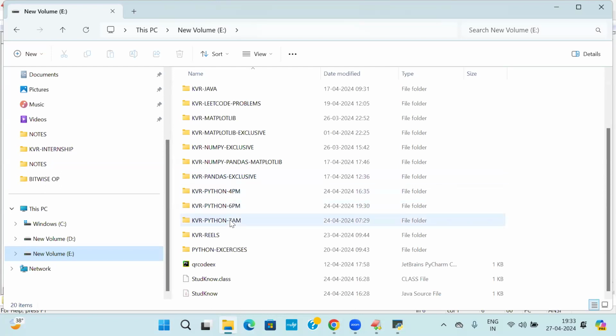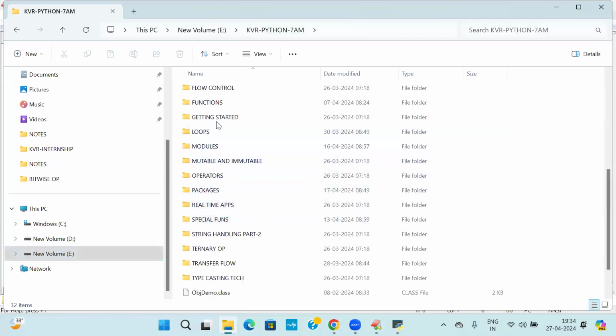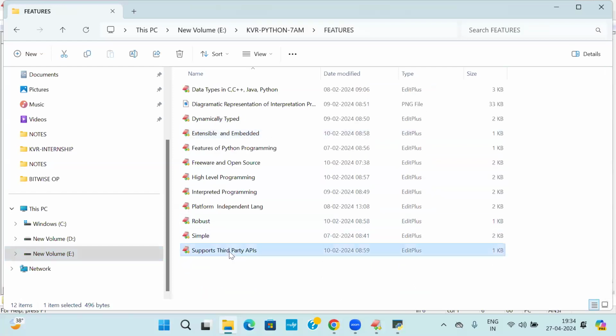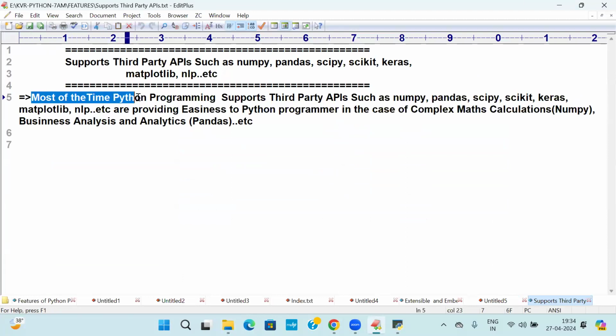So, come back to the point. What I want to show you here now. Coming to this place, under that, supports third-party API. Just read out that most of the times, Python programming supports third-party APIs such as NumPy, Pandas, SciPy, Keras, Matplotlib.